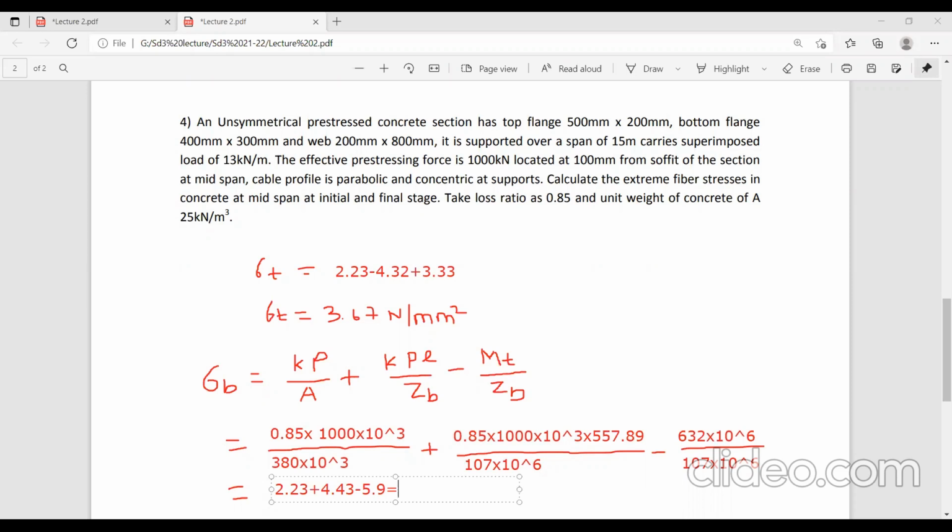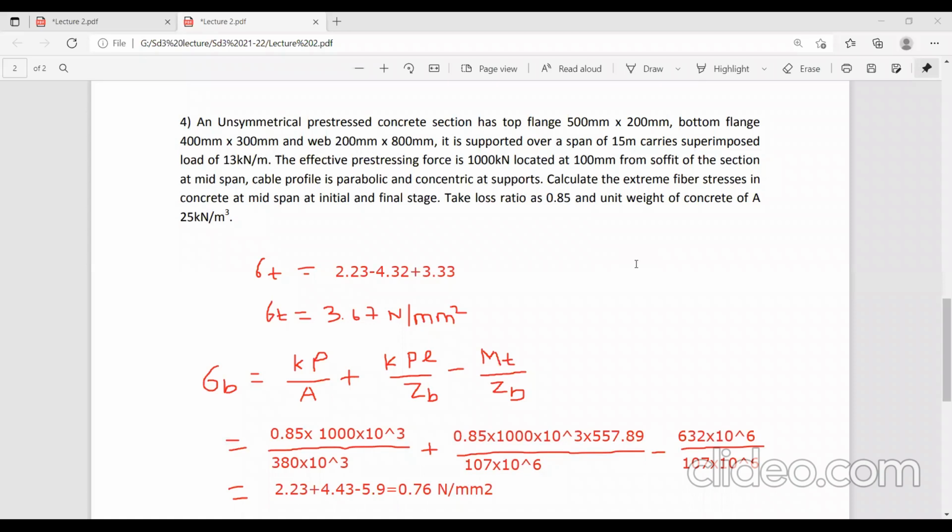So 2.23 plus 4.43 minus 5.9 will be 0.76 Newton per mm square, or MPa.